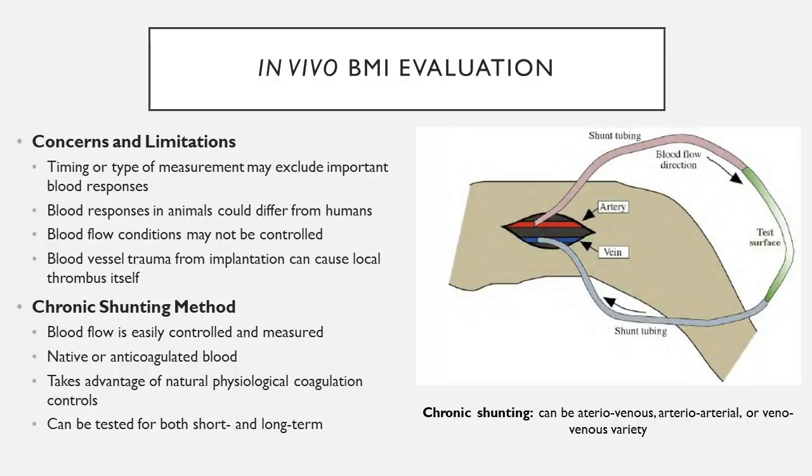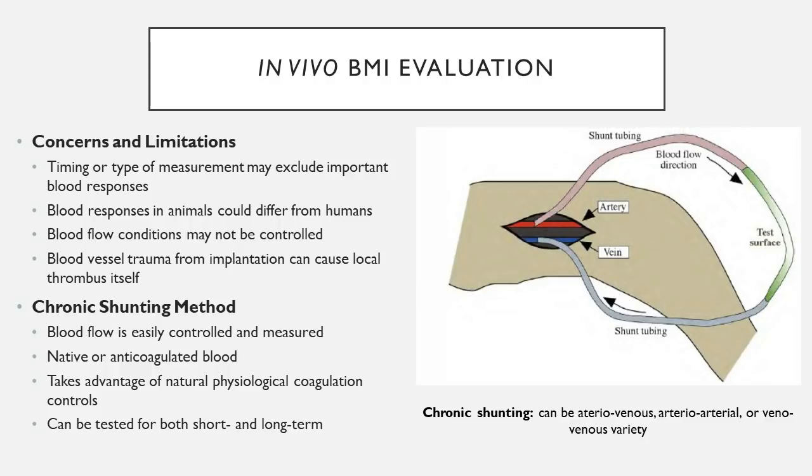Certainly, other animals have different blood flow rates compared to humans, so that's hard to control in itself. And also, the trauma from the implantation of the material can cause local thrombus formation and coagulation in itself. So, it can be difficult to infer what is a naturally forming thrombus due to the blood material interactions and what's due to the surgery itself. Those are some of the generalized limitations.